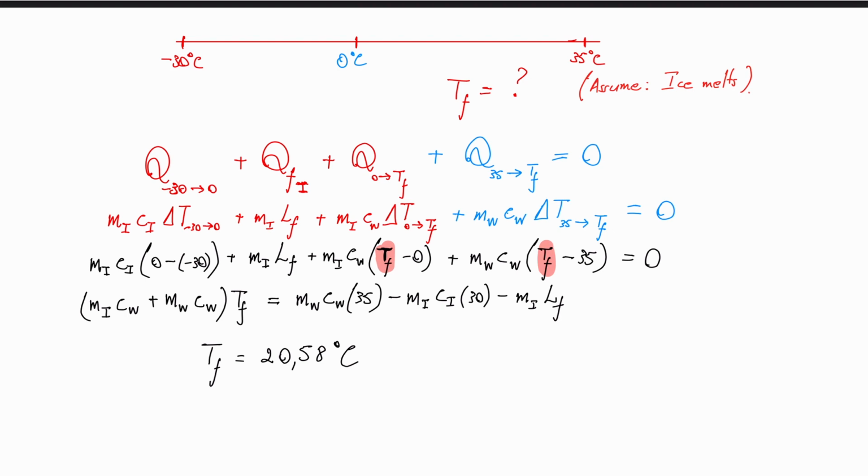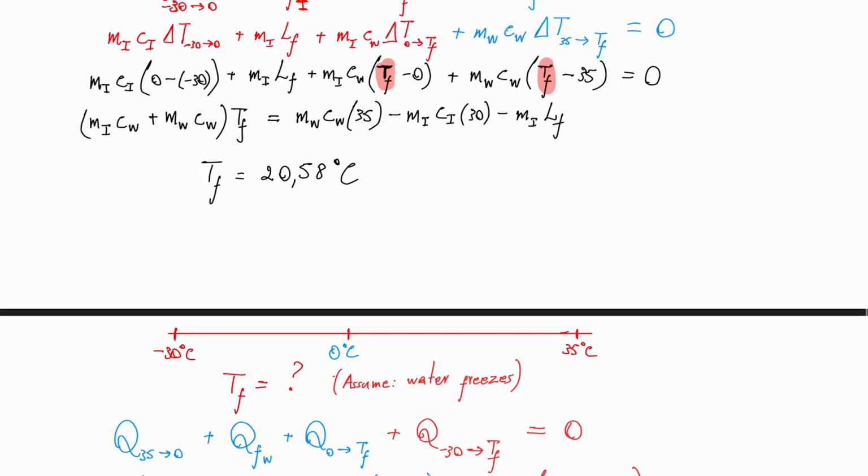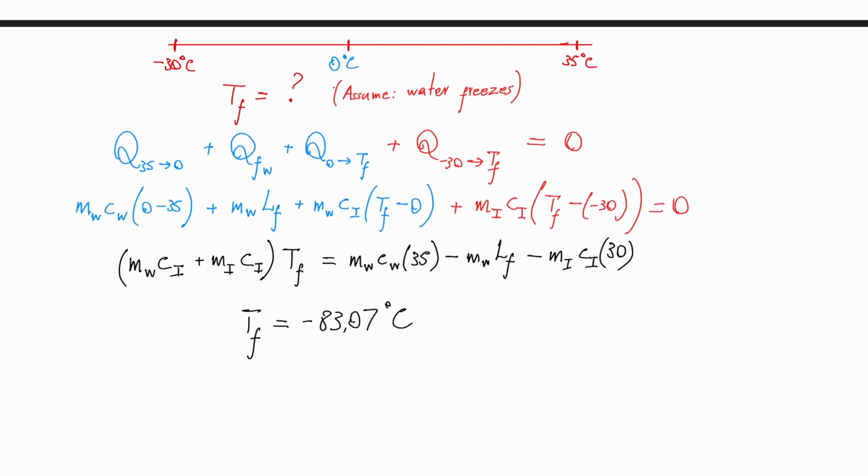Let's make the assumption that it is not the ice that will melt and become water, but let's assume it is the water that will freeze. Let's try it out. If we assume that it's the water that will freeze, that means our final temperature TF, our final thermal temperature at thermal equilibrium, must be between -30 and 0 degrees Celsius.